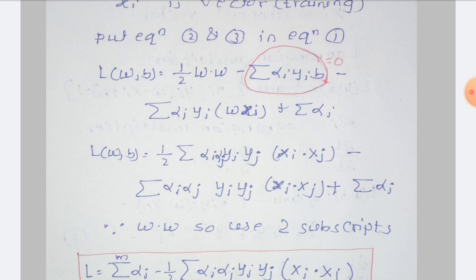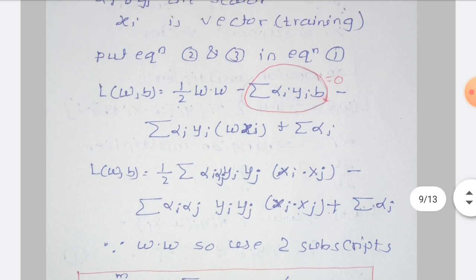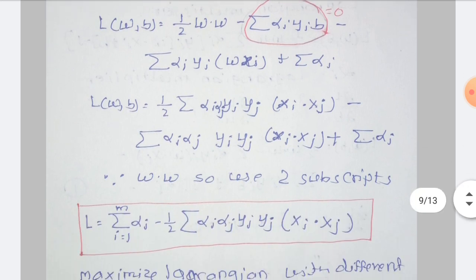So we get L(w, b) equal to half summation of alpha i alpha j yi yj xi dot xj, minus summation of alpha i alpha j yi yj xi dot xj, plus summation of alpha i.